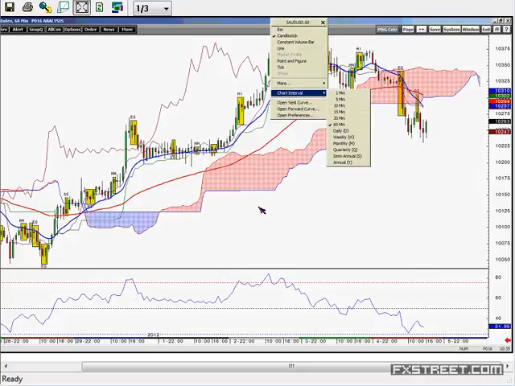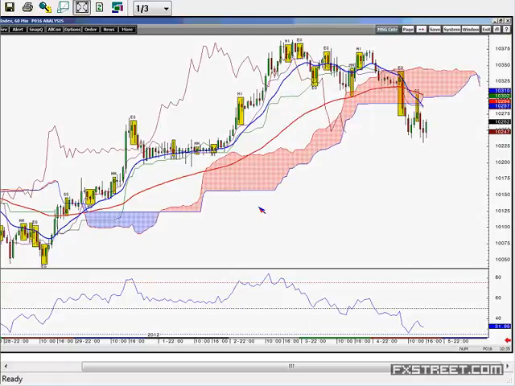So basically what I've got here in this chart setup, these are CQG charts which we use for our analysis. It's a very, very good charting package.